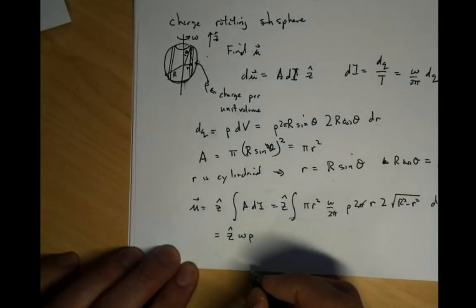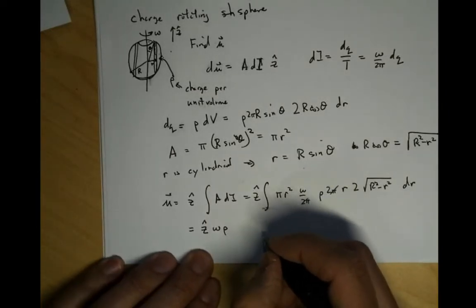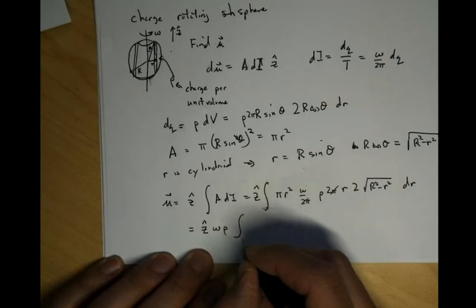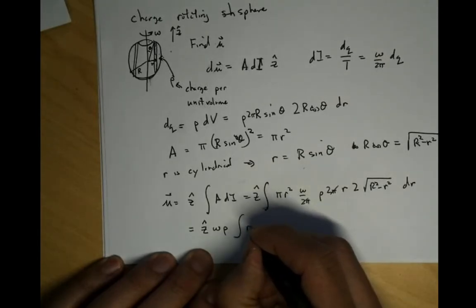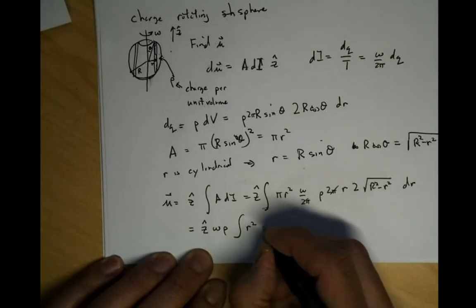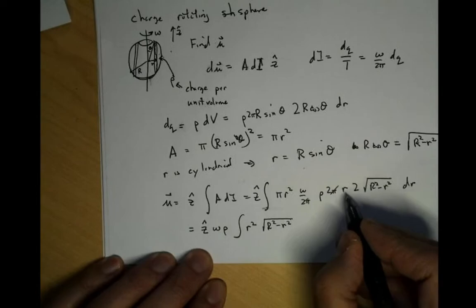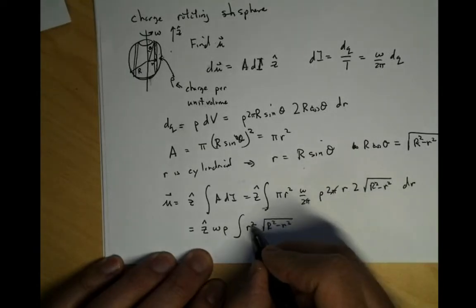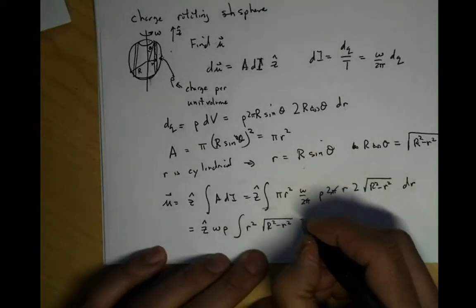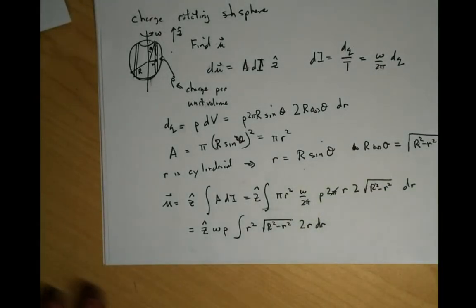Those are constants out. All right, next thing is going to be integral. There's an r squared here, okay. A square root of capital R squared minus little r squared. Now there's a 2r here. I could combine them and make a 2r cubed. I won't do that. I'm going to rewrite this as 2r dr. And you'll see why in just a second. All right?